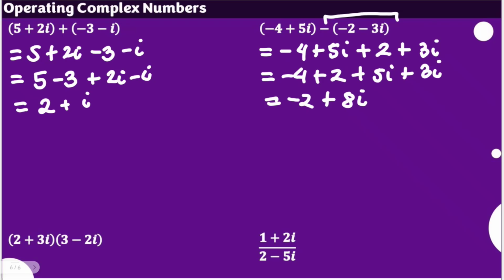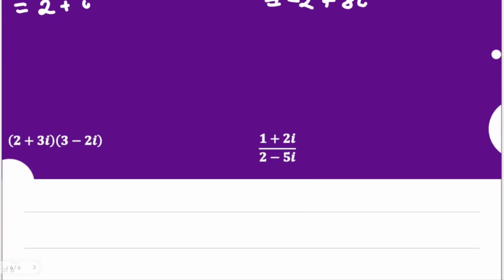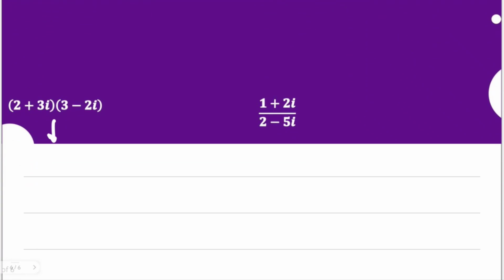Now, let's proceed to the third one, as this uses multiplication. When we multiply, let's simply use the FOIL method, or again, the formula we have before, but I'm going to illustrate the longer method for further discussion. So you're going to have the FOIL method: 2 times 3. I'll be writing that step by step. So 2 times 3, then plus 2 times negative 2i.